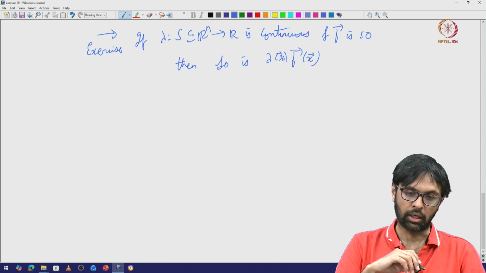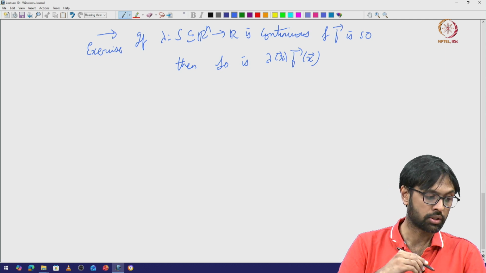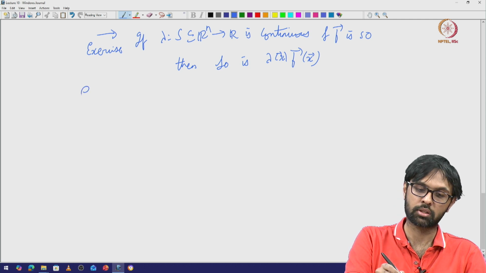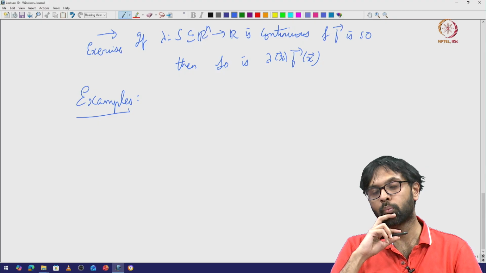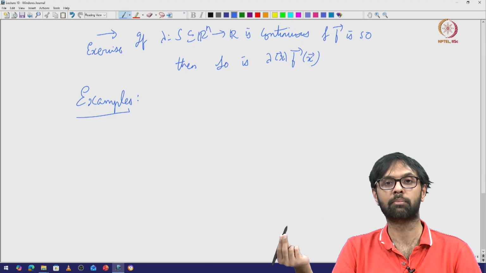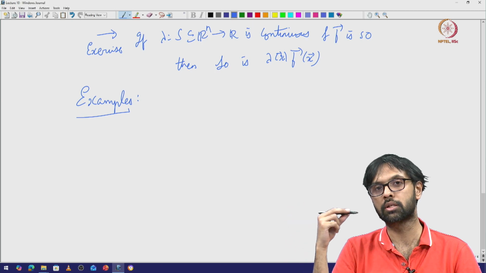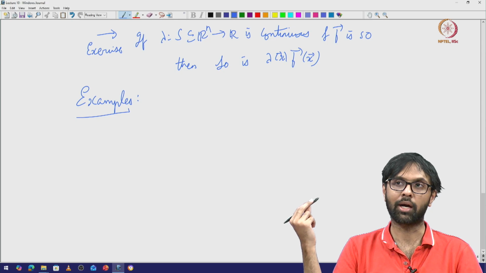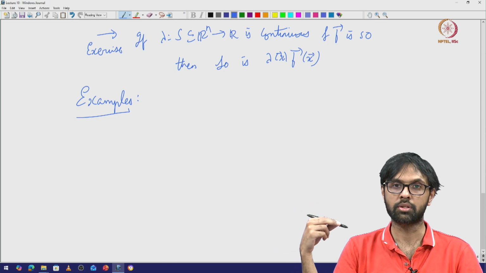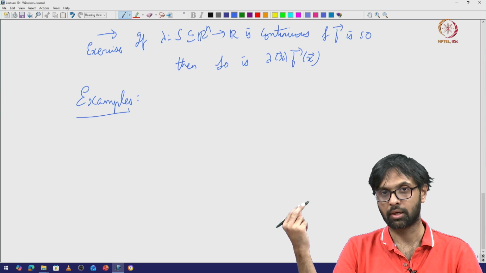Okay. So what good are these limit laws? Now we have several examples of continuous functions. Recall that continuity in more than one variable is a dicey affair. Heck, even the existence of limits is a very dicey affair, right? Because we saw something very reasonable looking like xy divided by x square plus y square, and the limit as x comma y goes to 0 comma 0 did not exist.